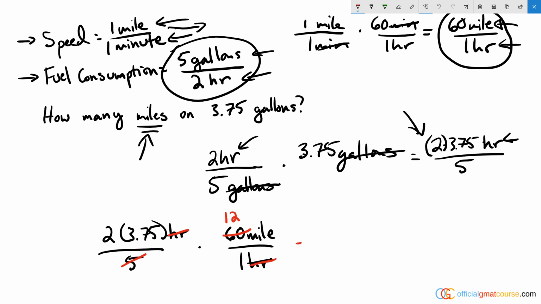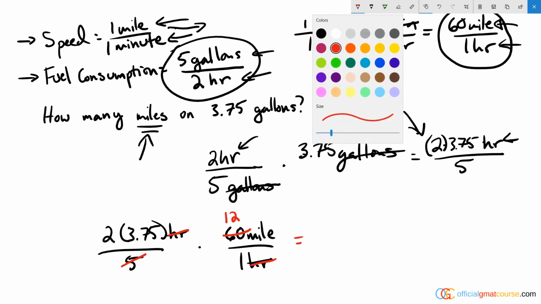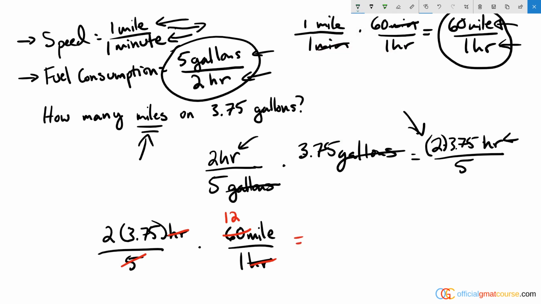And now if I bring all these numbers over to the right, I'm going to have 2 times 3.75 times 12 miles, because that's my unit I'm left with.